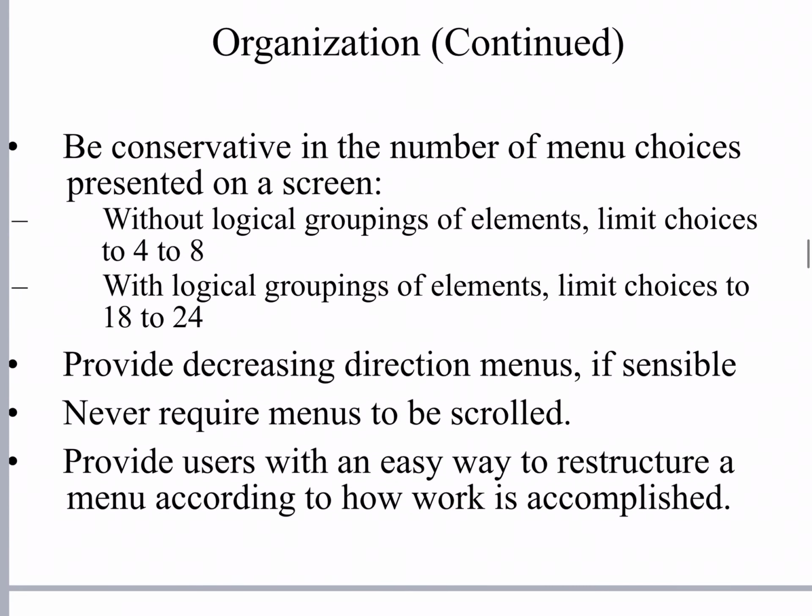Regarding organization, menu choices can be presented on screen without logical grouping of elements, in which case the limit of choices will be 48, and with logical grouping of elements, the limit will be 18 to 24. Provide a decreasing direction of menus if sensible. Never require menus to be scrolled. Provide users with an easy way to restructure a menu according to how it has to work.